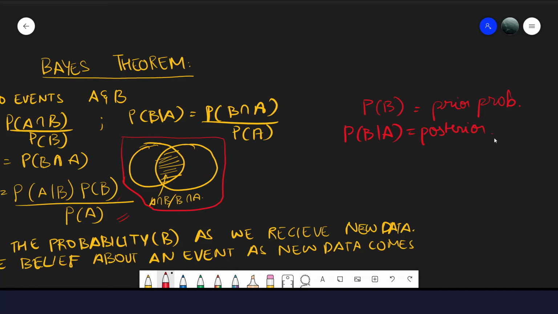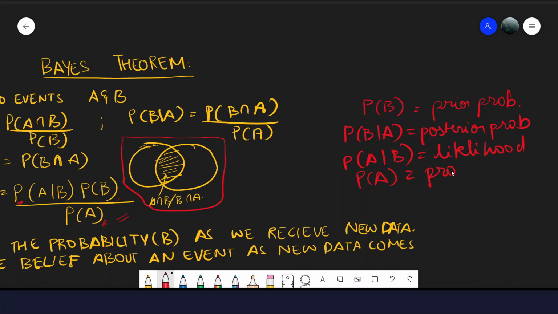That is what posterior probability is. And now P of A given B is called the likelihood of observing A given the evidence B. And again, the denominator, P of A, is called the prior probability of A.